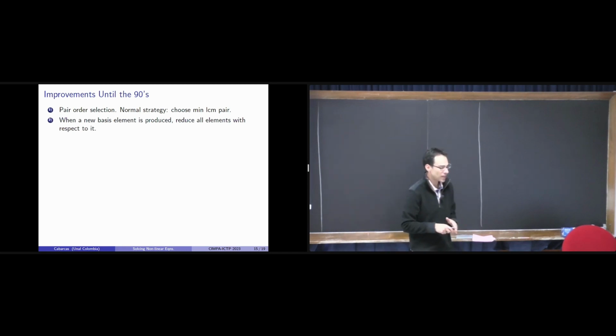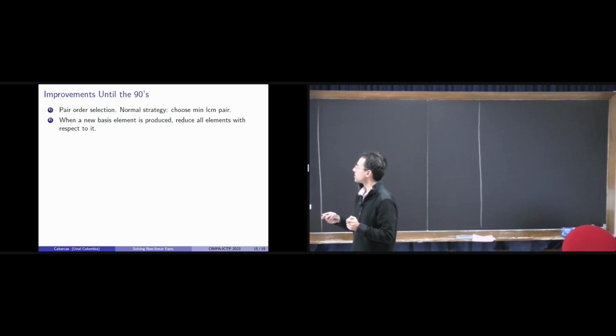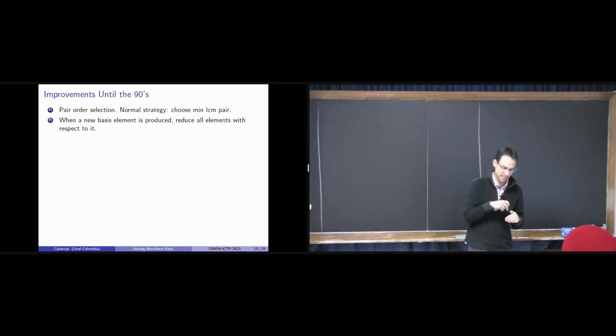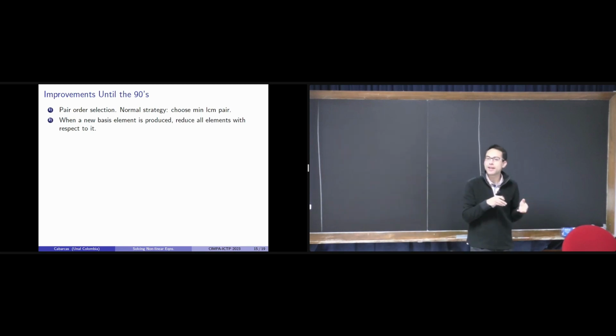Another one was: when you get a new element to include in the basis, this element can reduce elements that were previously in the basis, and this can actually remove certain elements from the basis.